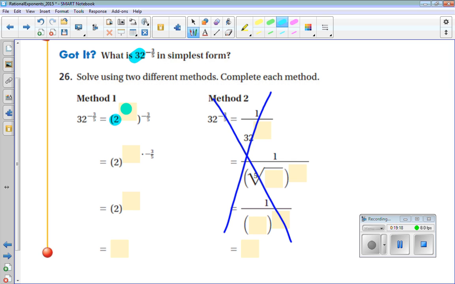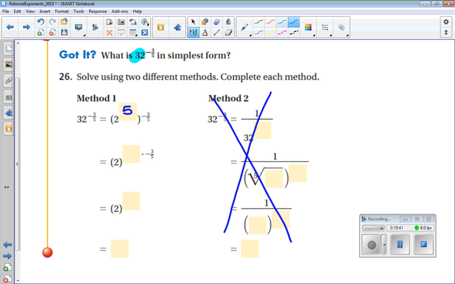Try it. Tell me which one it is. Not 16. 2 to the 16th power is a really, really big number, 65,536. 2 to the 5th power, though, is 32. I agree with that. So 2 to the 5th is 32.